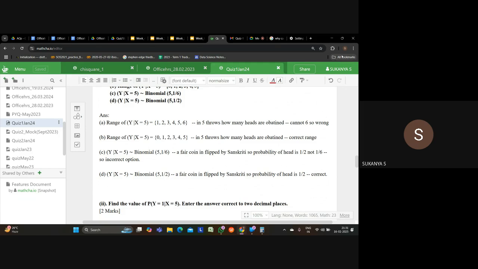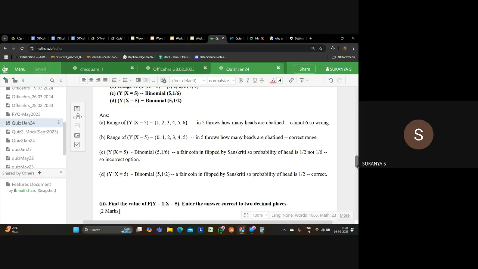Divided by the probability of X equal to 5. How will we get the denominator?